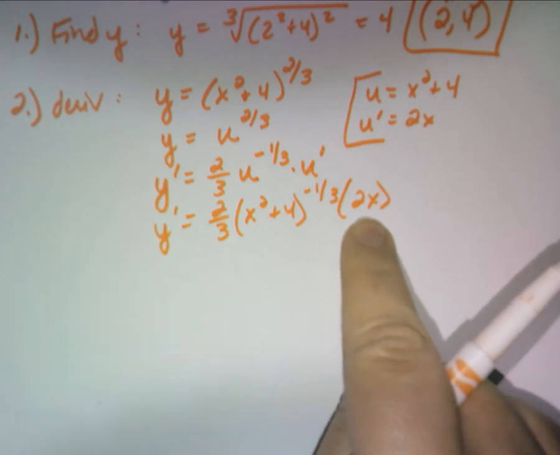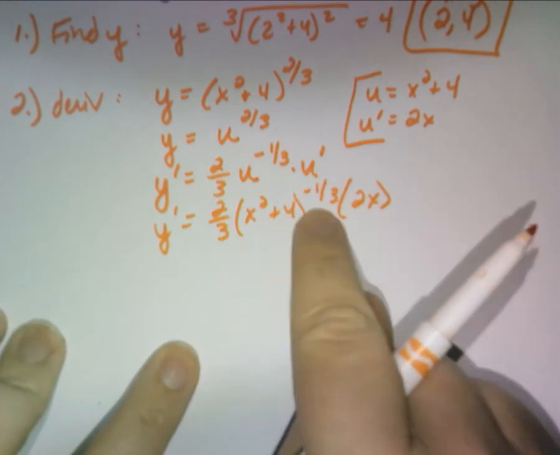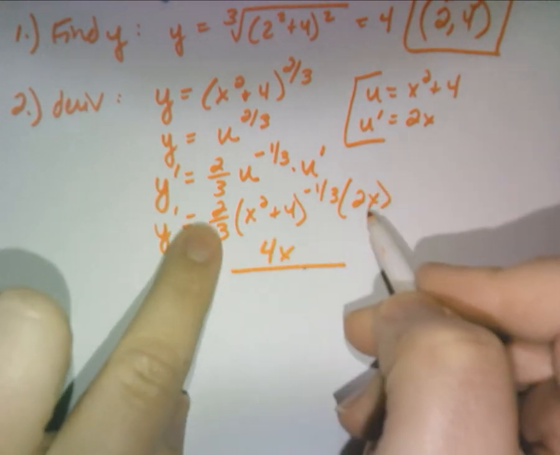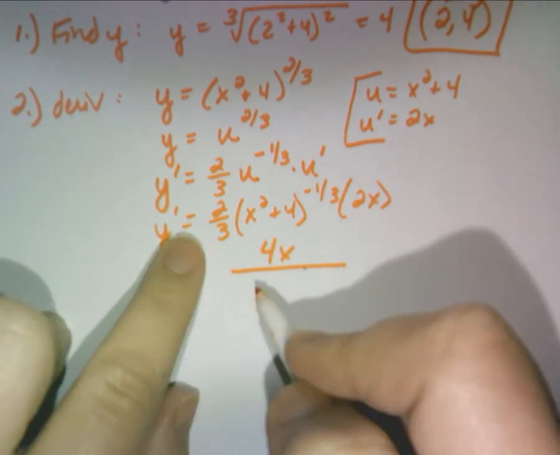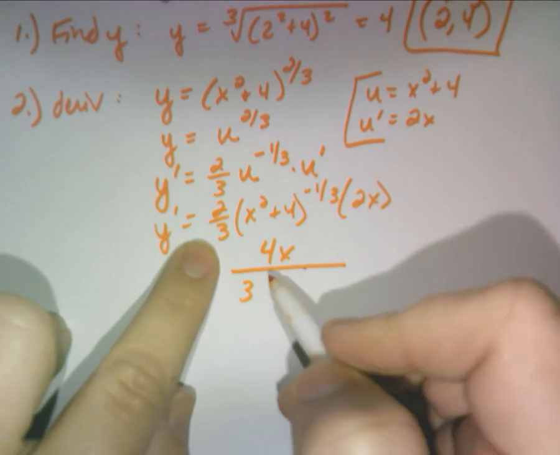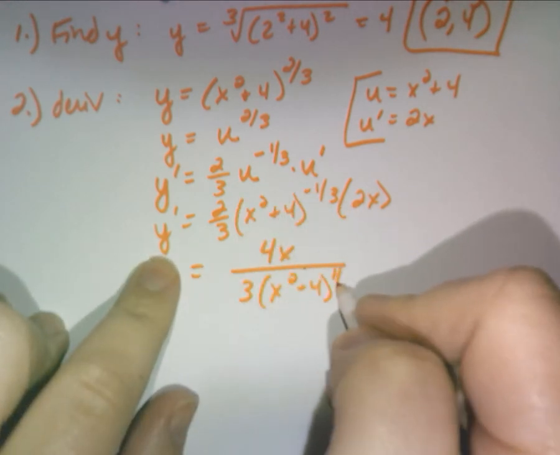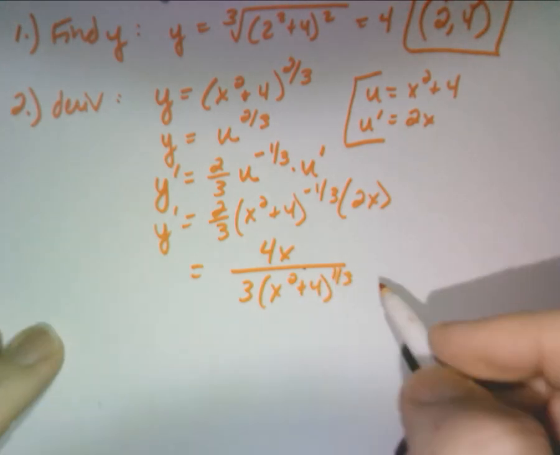The negative power goes to the bottom and becomes 1/3. That is the simplified derivative.